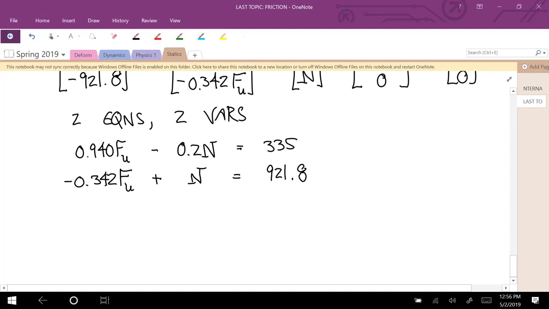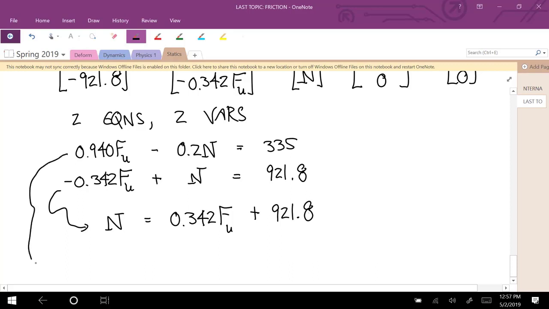And you can solve that with reduced row echelon form, or you can use substitution. The second one says N is equal to 0.342 FU plus 921.8.